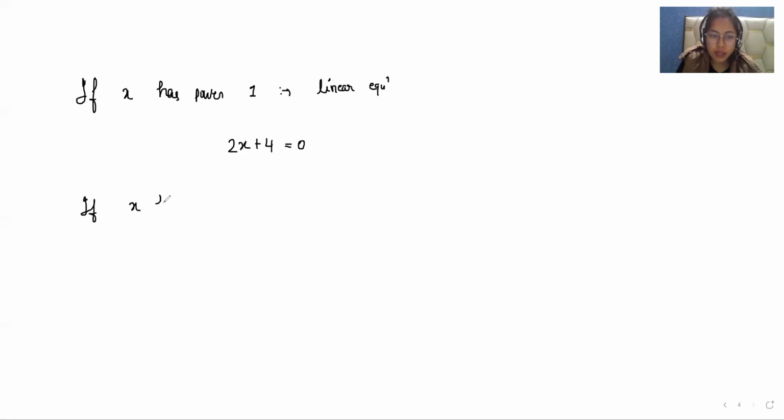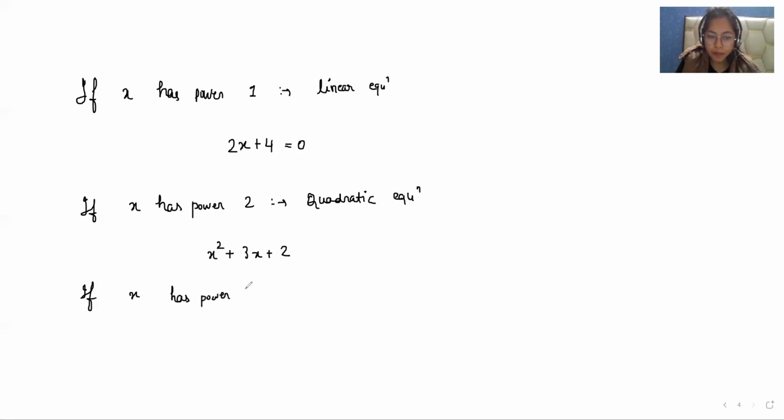And if x has power 2, we can say that it's a quadratic equation. For example, x square plus 3x plus 2. And if x has power 3, we can say that it's a cubic equation. That is x cube plus 2x square plus 3x plus 4.